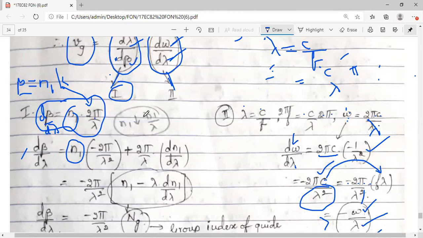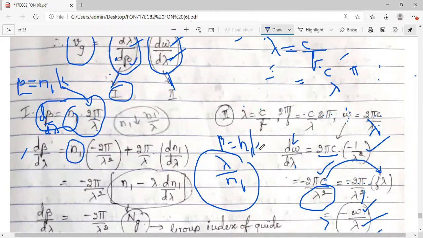Because the differentiation is with respect to lambda, your lambda value is decreased by this value, and your beta term will be changed to this value. We have already seen this. Because of this, there is a dependency of refractive index on the wavelength. They are dependent, because I cannot treat them independently, no doubt refractive index is a constant term, but a value will come.